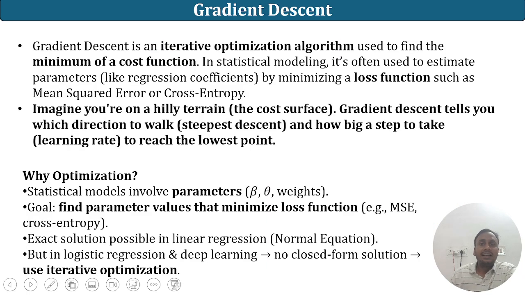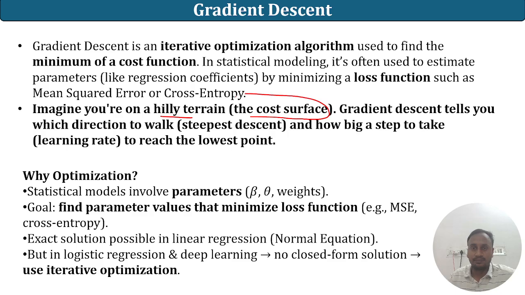Now imagine we are going down a hilly terrain, where the cost is the surface. Gradient descent will tell which direction to walk, the steepest descent, and how big a step to take to reach the lowest point.